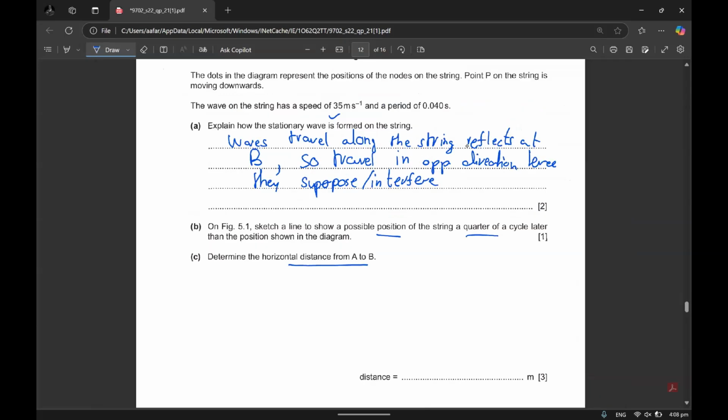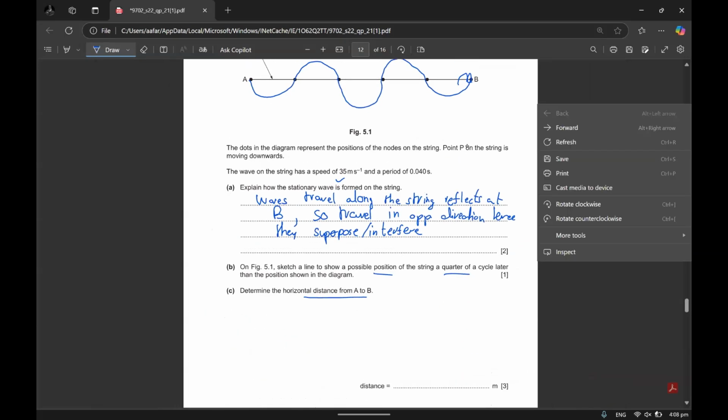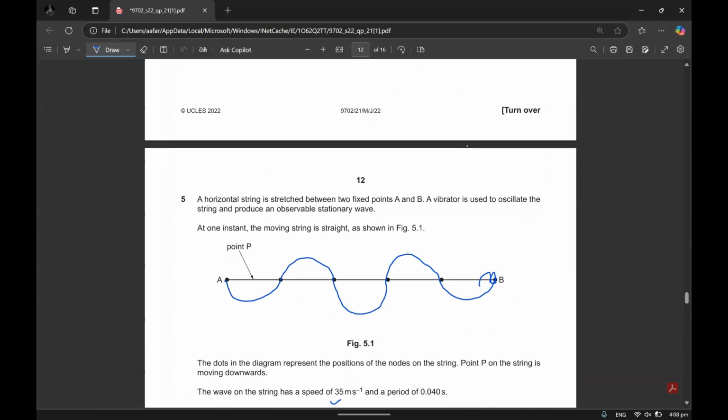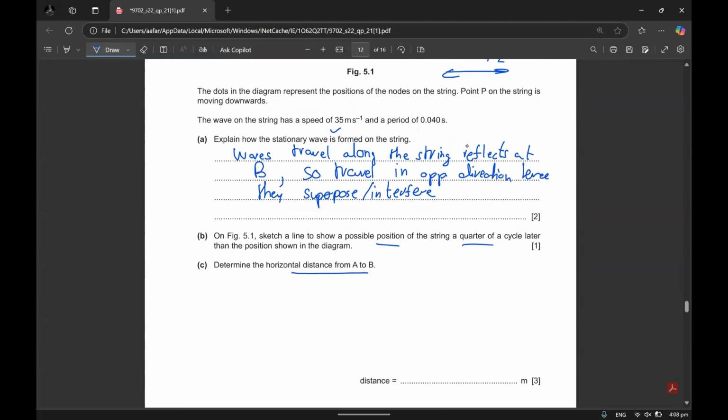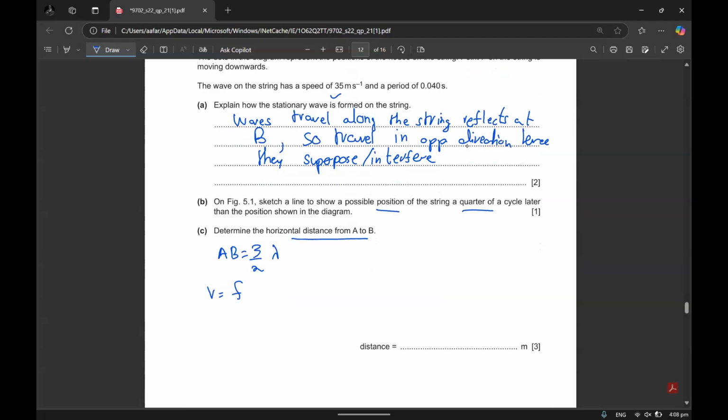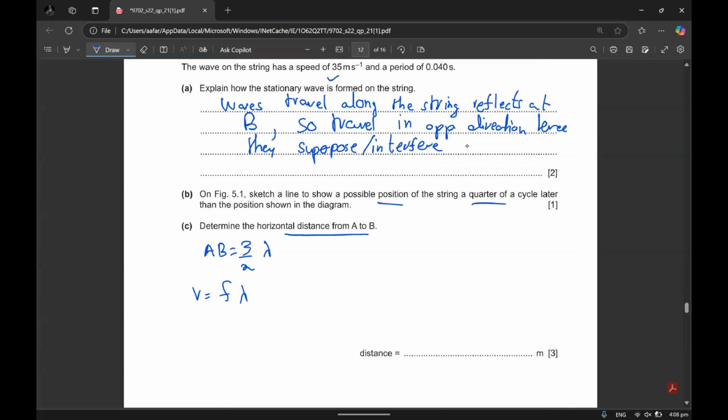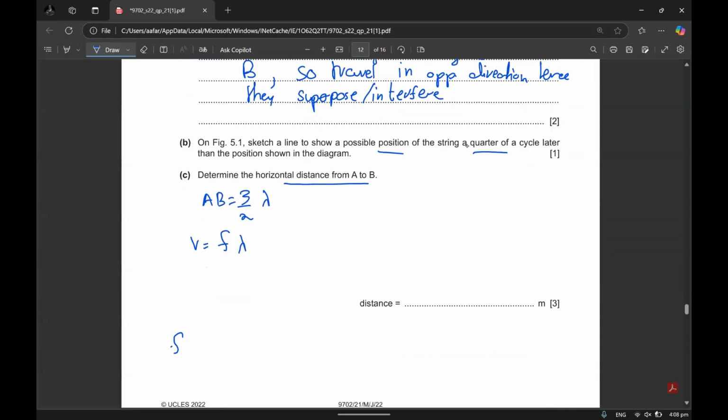Determine the horizontal distance from A to B. Okay. So basically, the wavelength of a stationary wave is similar to that of the original wave. This is the wavelength lambda, one wavelength. So from A to B there are two wavelengths and half a wavelength. Basically, there are 2.5 wavelengths or 5 over 2 lambda. And we can calculate lambda by the wave equation. f is basically 1 over the time period, 1 over 0.04.